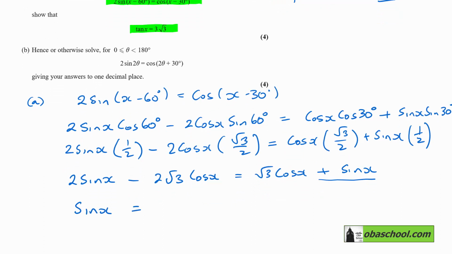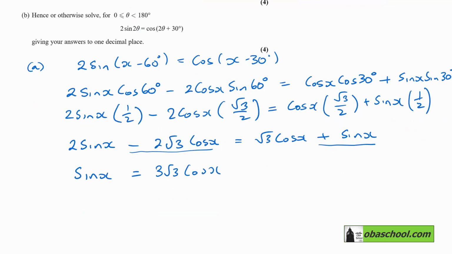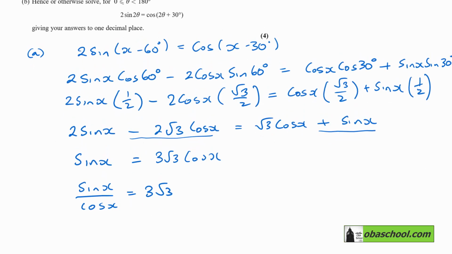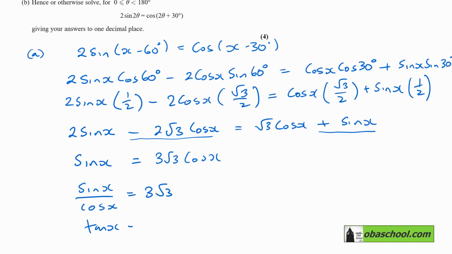If we move the cos x's to the right, because that one's a negative, it will need to add, and we'll get 3 root 3 cos x. Divide both sides by cos x, and then we've got sin x over cos x equals 3 root 3. And sin x over cos x is tan x, so that will be 3 root 3.